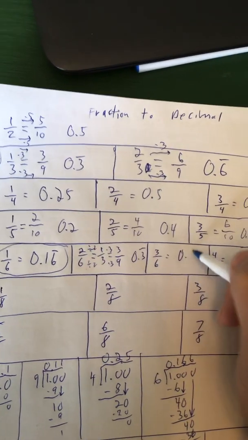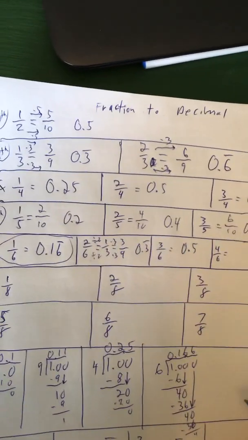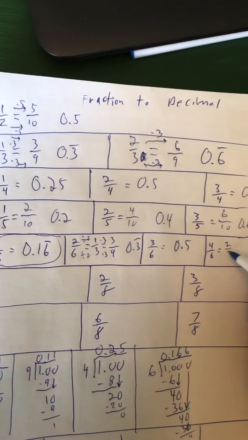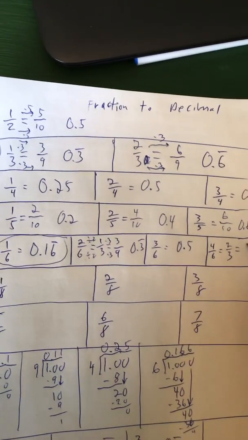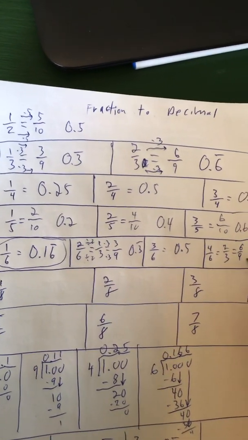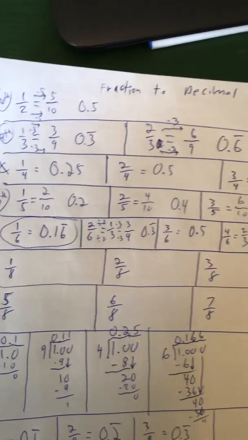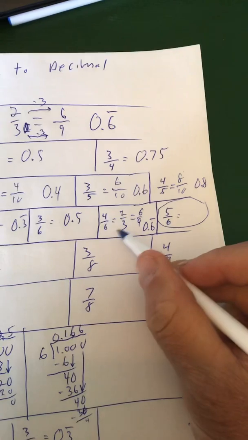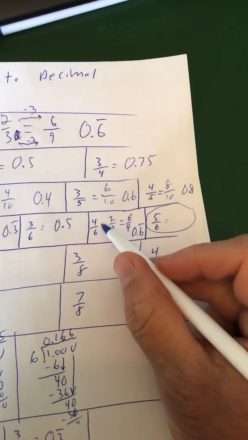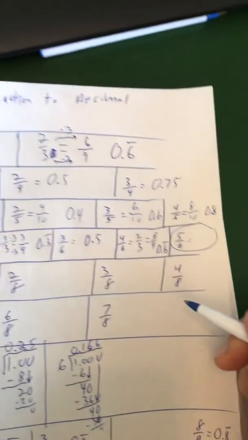And so that's 0.5. That's 5 tenths. This reduces to 2/3. And then it becomes 6 ninths. So it's 0.6 repeating. I can make it smaller and then make it bigger. Divide by 2, times 3, times 3.